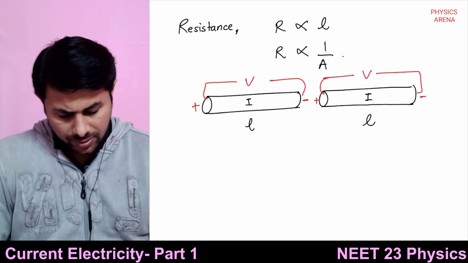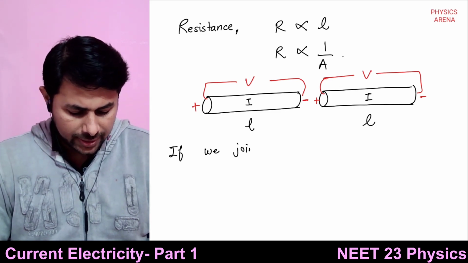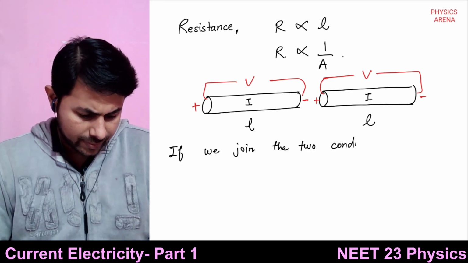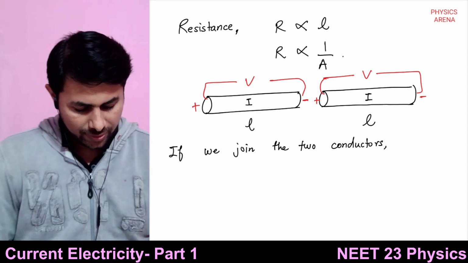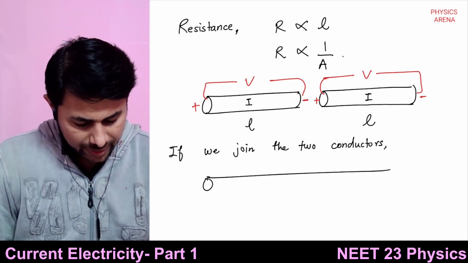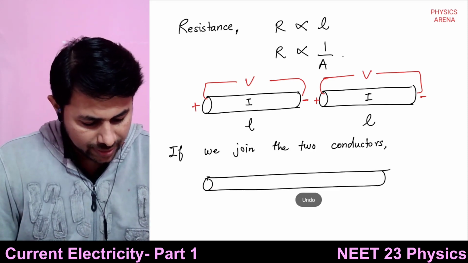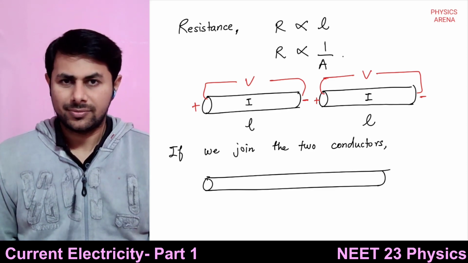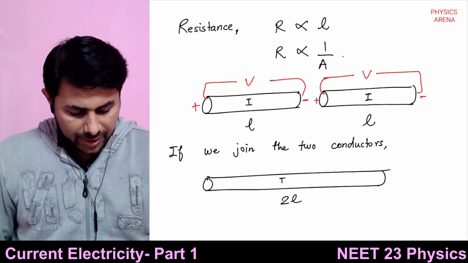Okay. Now if we join the two conductors, what will happen? So you will get a big conductor having same area of cross section, but whose length is 2 times. Okay, length is twice L. Now same current is flowing.